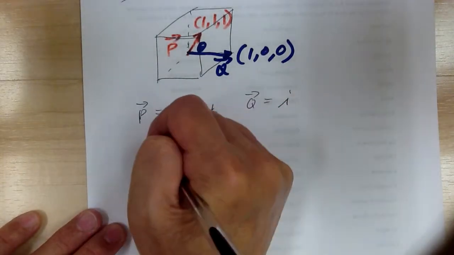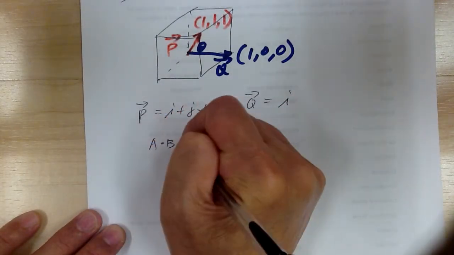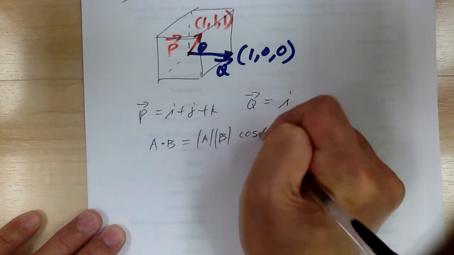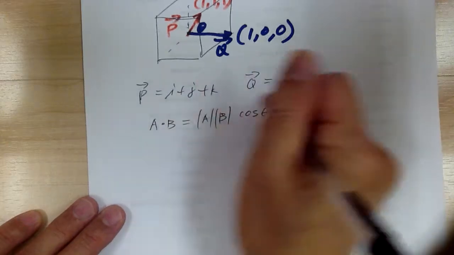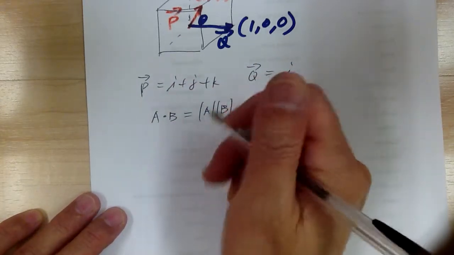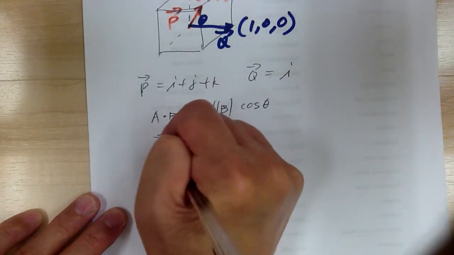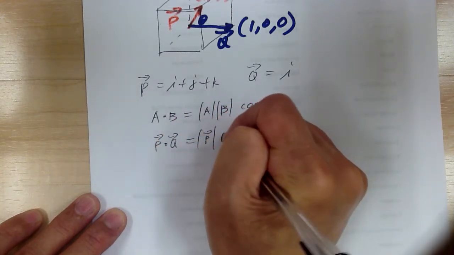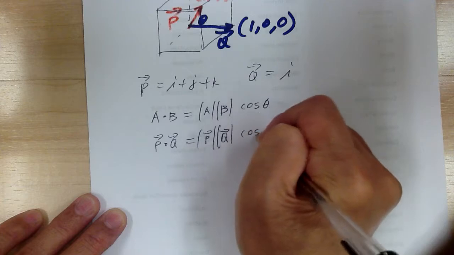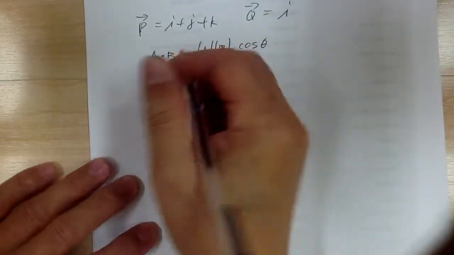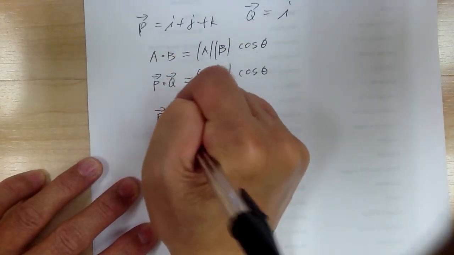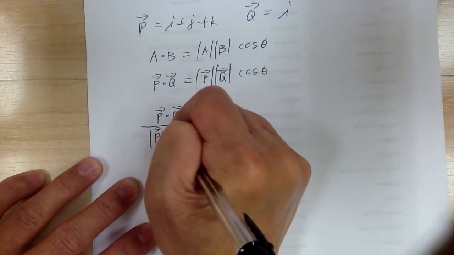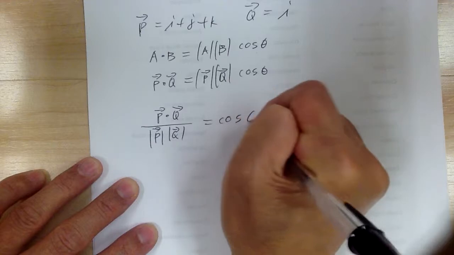And so again, you start with your equation A dot B equal to |A||B| cosine theta. You want to find the angle, so you have to divide. In this case, you get P dot Q equal to |P||Q| cosine theta. Then you divide, you get P dot Q over |P||Q| equal to cosine theta.